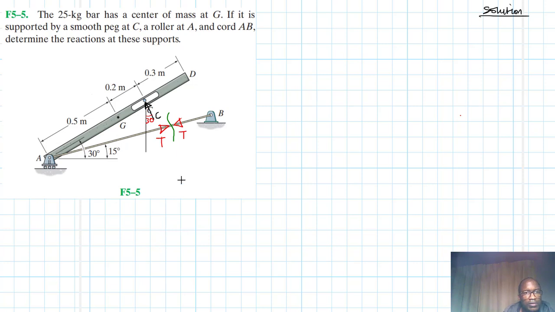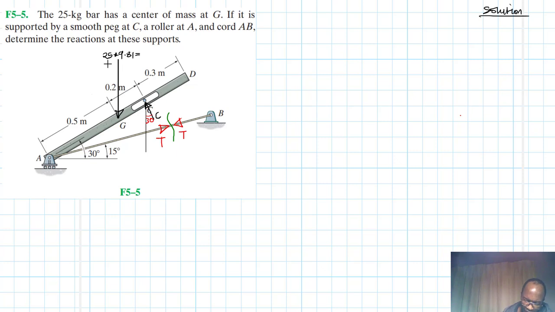Then we have another force here, which is the weight. Let me show it in black. It goes out like so. And the value of this weight is mg, 25 times 9.81, that is the acceleration due to gravity.